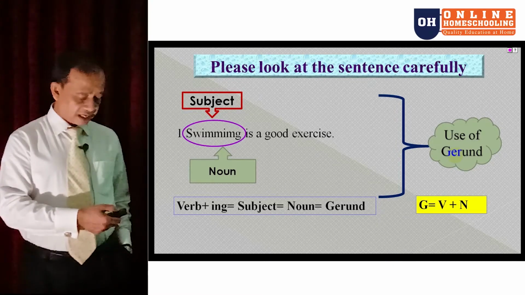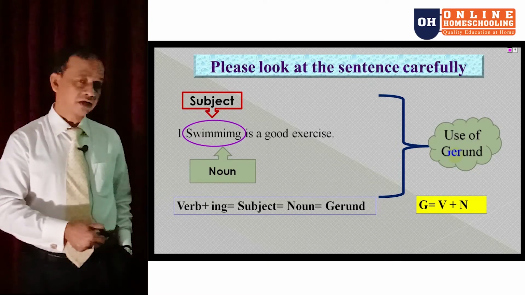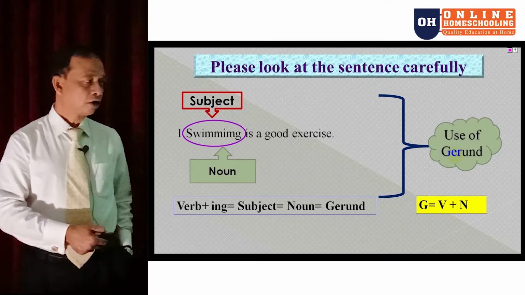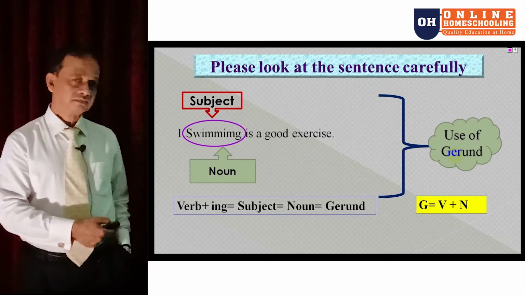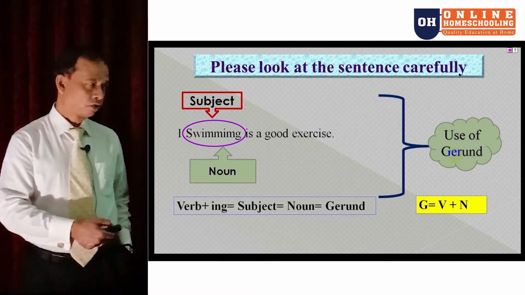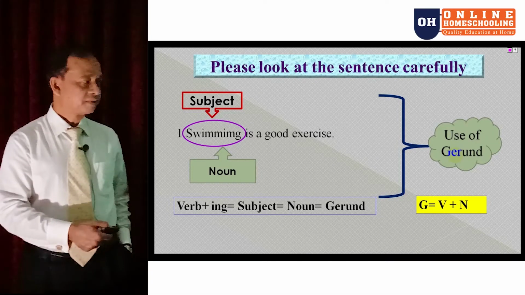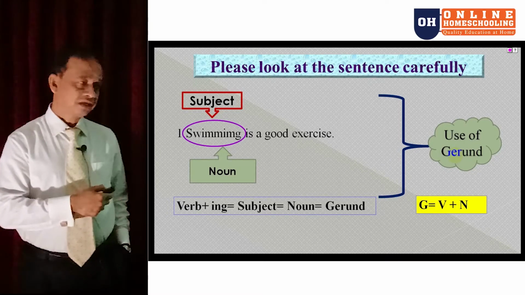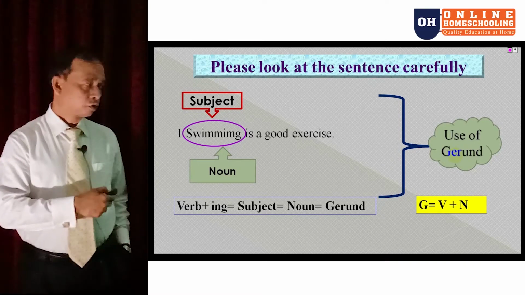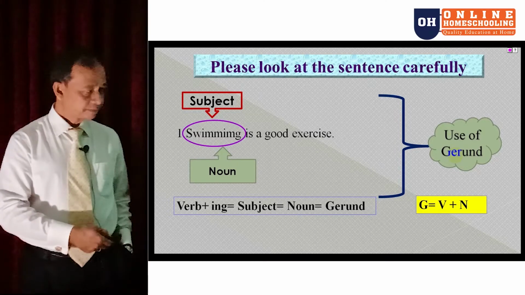So that you can remember, G equal to V plus N. Look at the right of the slide, G in the yellow box: G equal to V plus N. That means gerund equal to verb plus noun. Verb plus ing will work as a noun and that will be used as gerund in the sentences.